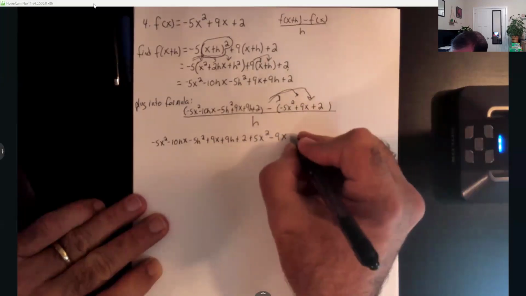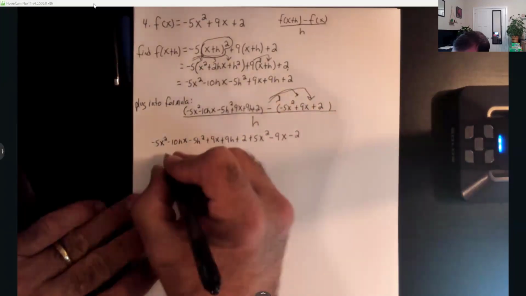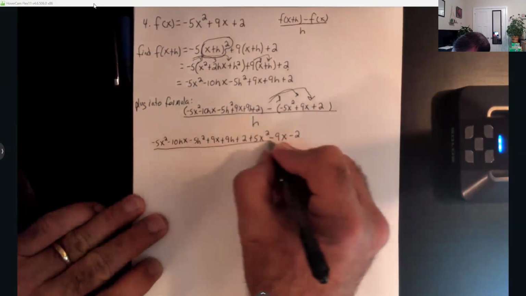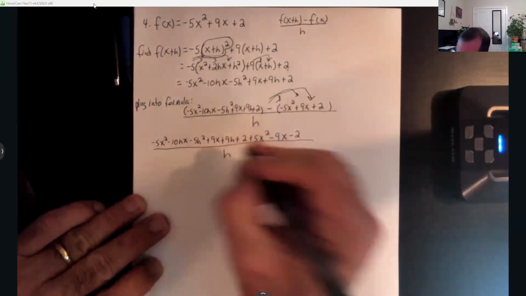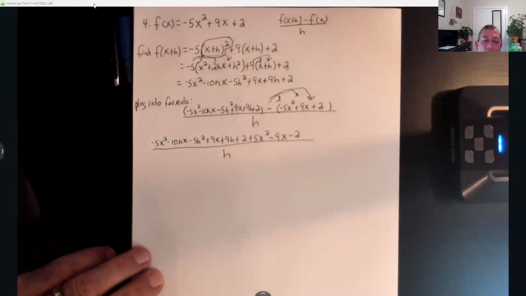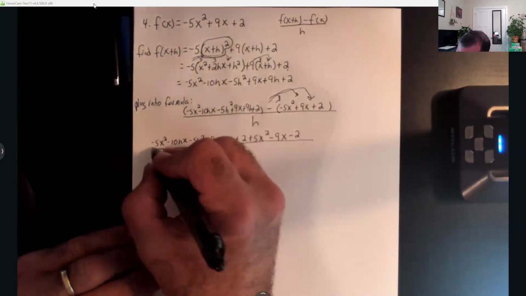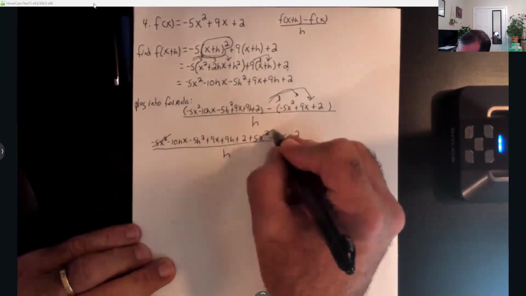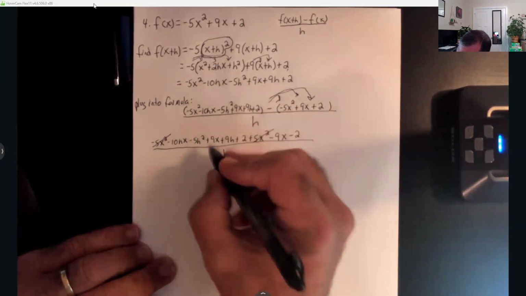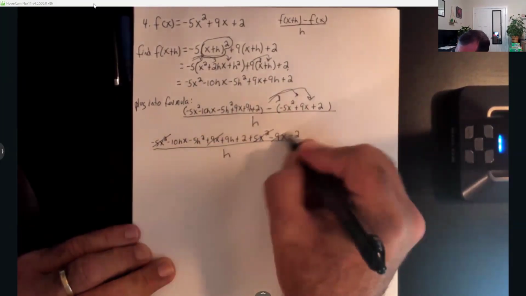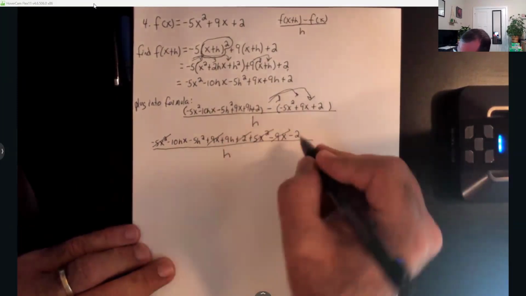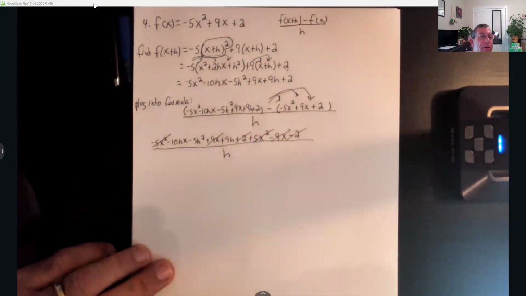Negative times positive makes that a negative 2 all over h. But we said if it didn't have an h, it was canceling. So negative 5x squared, 9x, negative 9x, 2, negative 2.